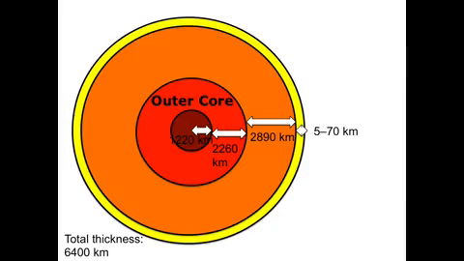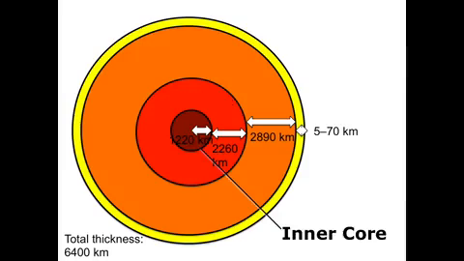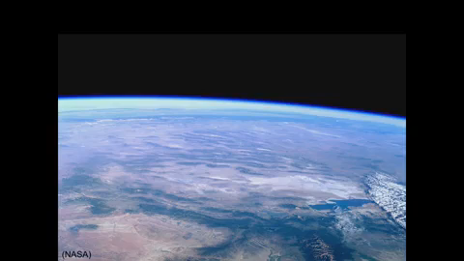And that's exactly what happens here in the outer part of the core. As you go to the inner core, despite the higher temperatures, the pressure is so high that the iron returns to a solid form. So those are the four layers of the Earth.